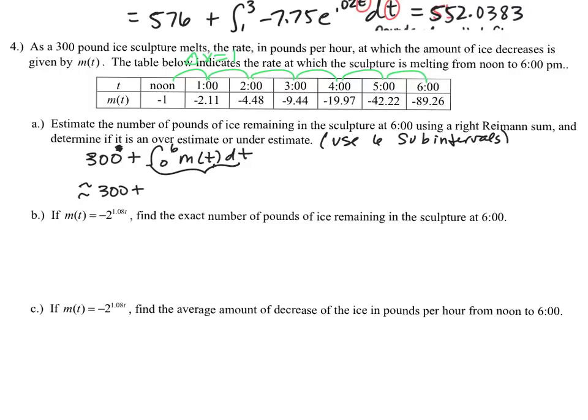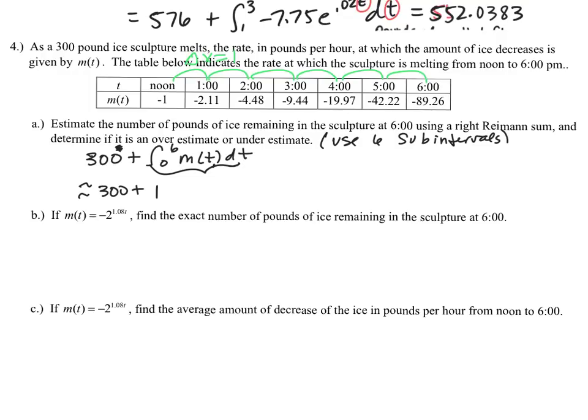So, to get that estimate, this is approximately equal to 300 plus the right Riemann sum. We could write positive 1 times negative 1 plus positive 1 times negative 2.11 plus positive 1 times negative 4. So I'm just going to factor out that 1, since delta x is the same.